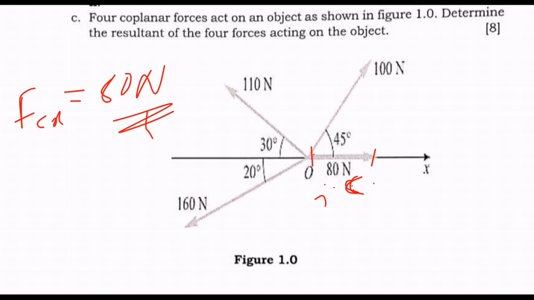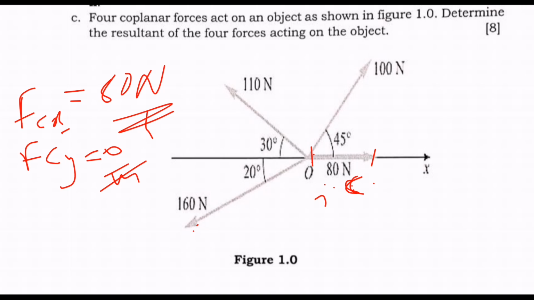When you look at these vectors, one has y and also x, but this vector only has x, which is 80 Newton. In y it doesn't have any. So write that for vector c. Then we can even add, if you want, vector c y is equal to 0, because we don't have any. Then you go to 160 here.